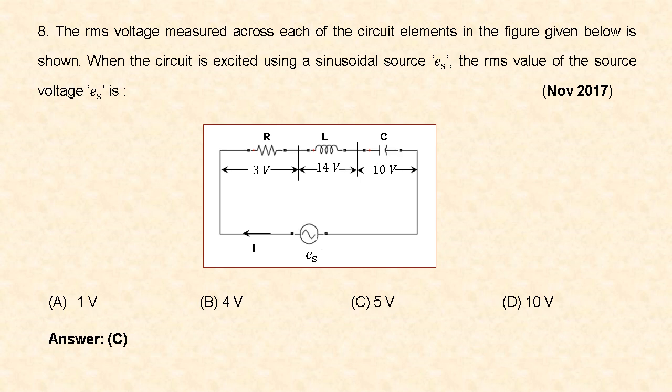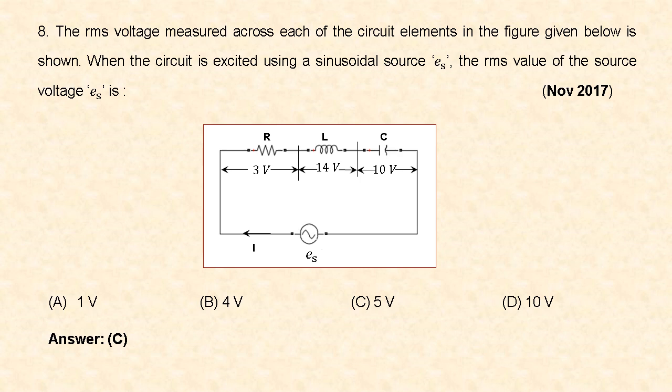They have given the RLC series circuit, and the voltage across the resistor is 3 volt, voltage across the inductor is equal to 14 volt, voltage across the capacitor is equal to 10 volt, and current I flows through the entire circuit. ES is the sinusoidal source voltage. The options are 1 volt, 4 volt, 5 volt, 10 volt. Answer is C, 5 volt.